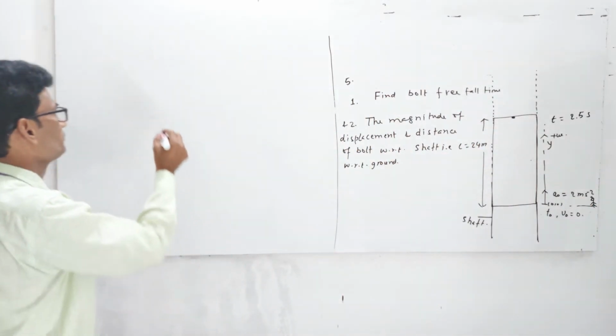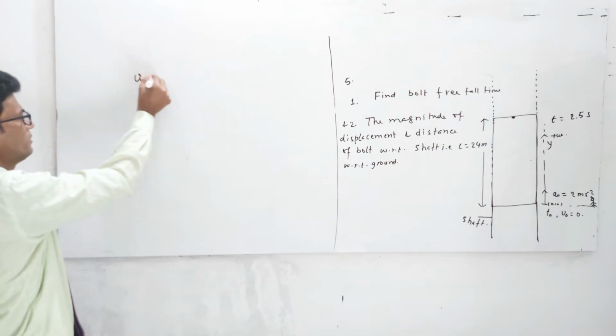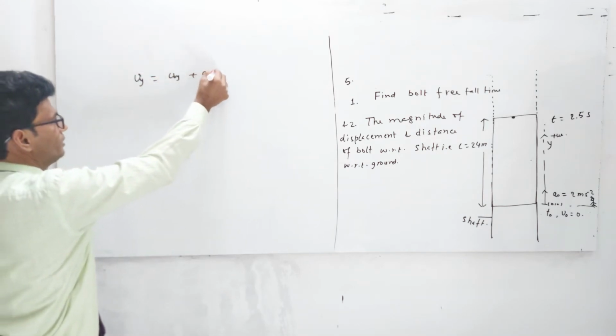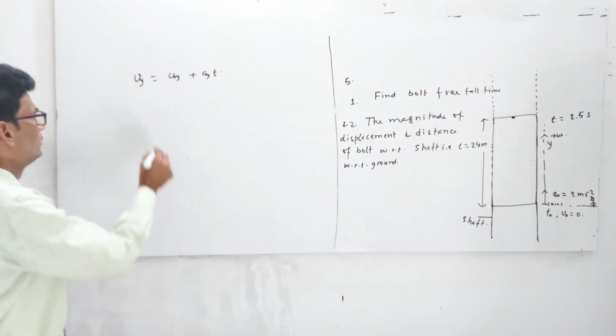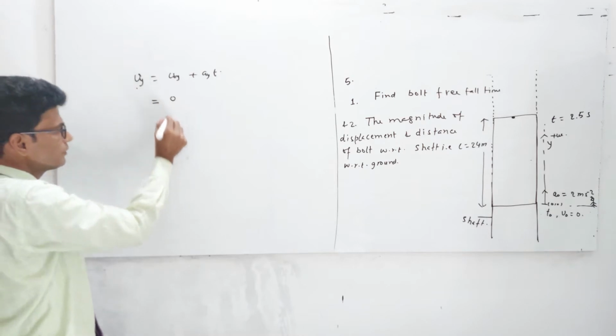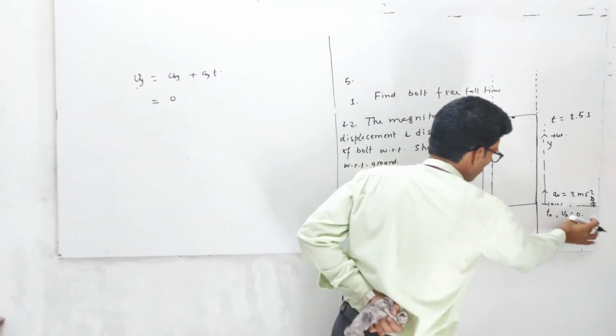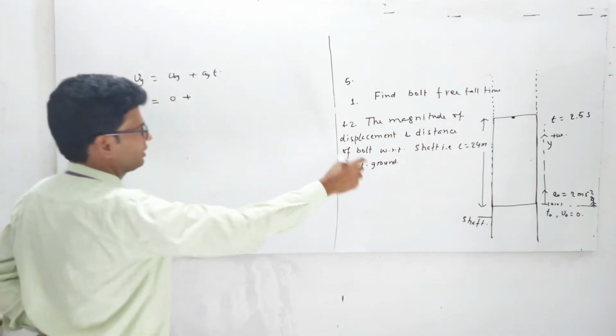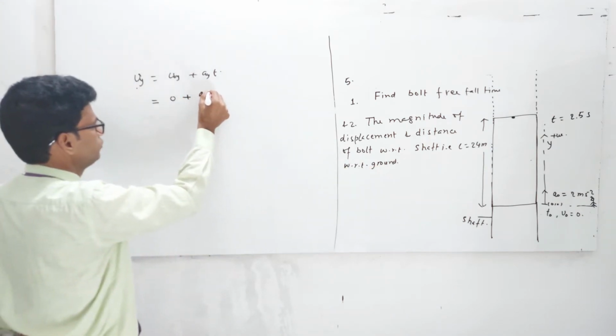So here Vy is equal to V0y plus Ay into t. We have to find Vy; V0y is 0, it starts with 0 speed. So V is equal to 0 plus A naught into t.